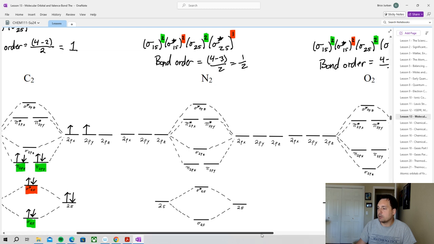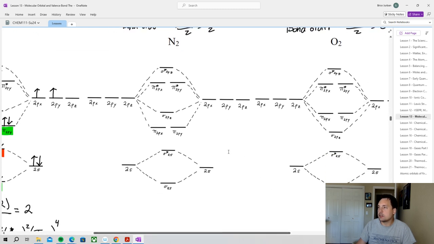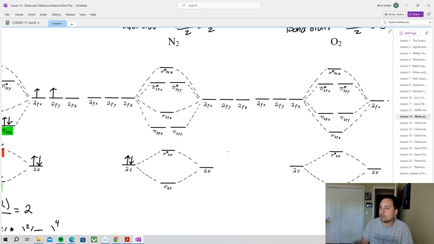All right, let's look at diatomic nitrogen. So nitrogen has 5 valence electrons for each nitrogen, so a total of 10 that we need to distribute across these molecular orbitals. So we can go ahead and put 1 electron in each of the 2p atomic orbitals, combine them to get these molecular orbitals, and see where they all end up.